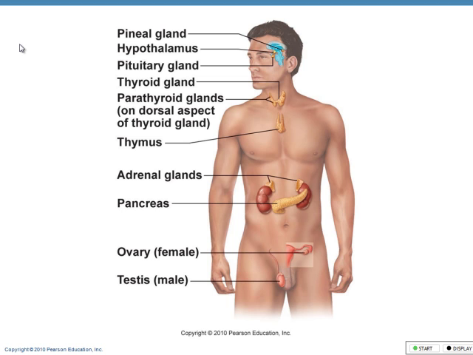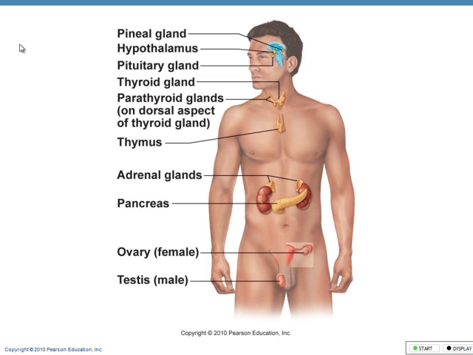Some of them are amino acid based. Some of them are steroid based. So in this chapter, one of the things you need to understand is the different mechanism of action between a steroid-based hormone or lipid-soluble hormone and an amino acid-based hormone or a water-soluble hormone.